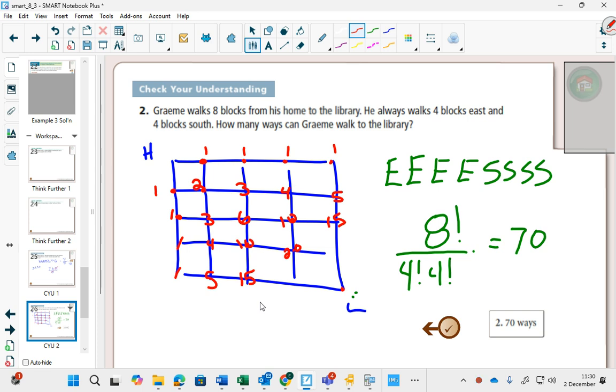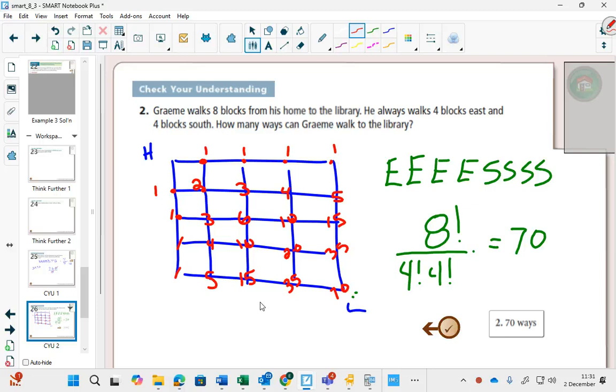Because I can get to this point either through these 10 or through those 10. So 10 plus 10 makes 20. And then 20 plus 15 makes 35, and 20 plus 15 is 35, and 35 plus 35 is 70, which is the same answer that we got through our counting method.